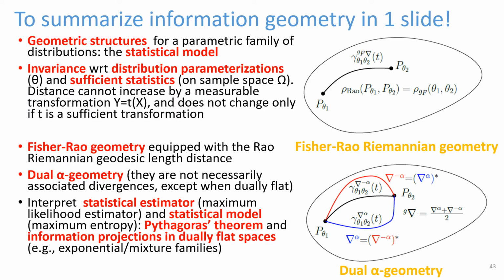The dualistic nature of information geometry allowed us to reveal the interaction between statistical estimators, like the maximum likelihood estimator, and statistical models, like exponential families, which arise from the maximum entropy principle. We describe a generalization of the Pythagorean theorem, which allows us to characterize interesting cases where information projections are unique.